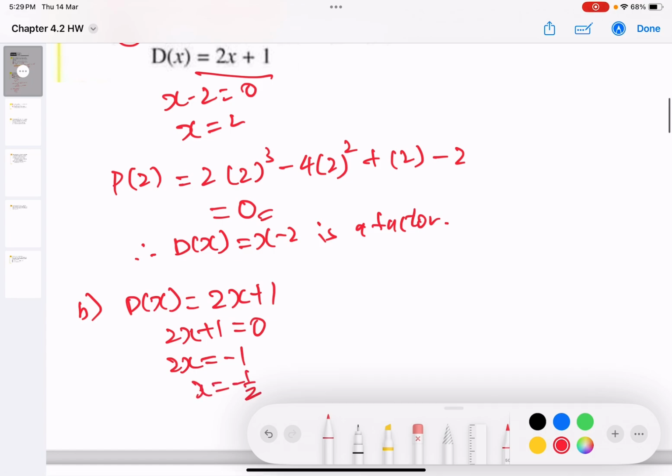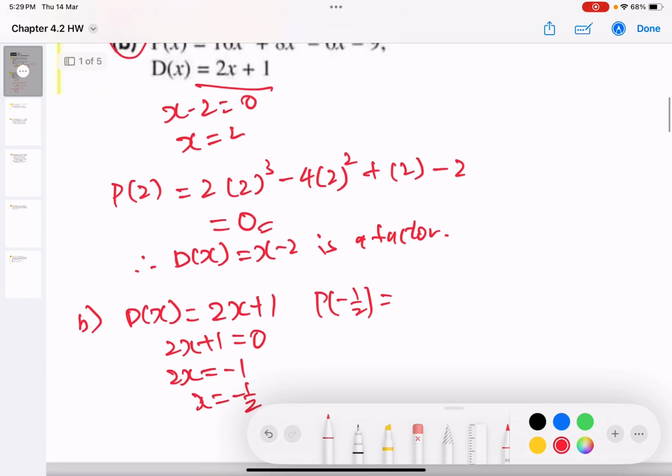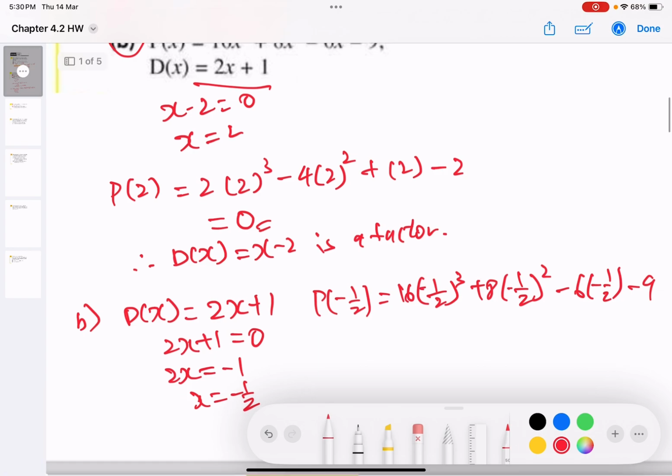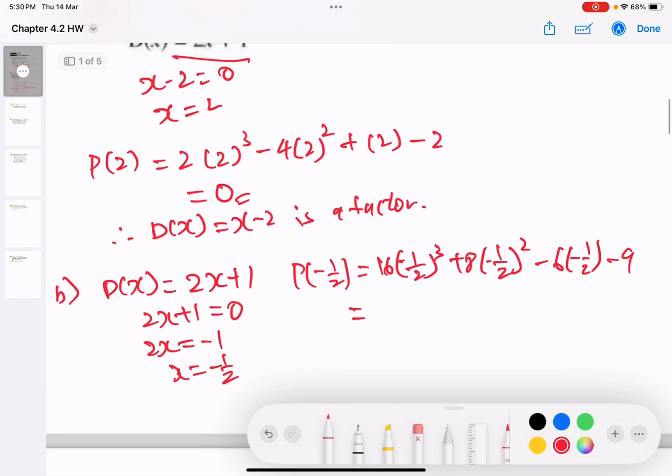x is equal to negative half. So I'm going to substitute negative half into the polynomial, and I'm going to get 16(−1/2)³ + 8(−1/2)² − 6(−1/2) − 9. I missed out a negative sign over here. If I enter this in my calculator, I'm going to get negative 6.